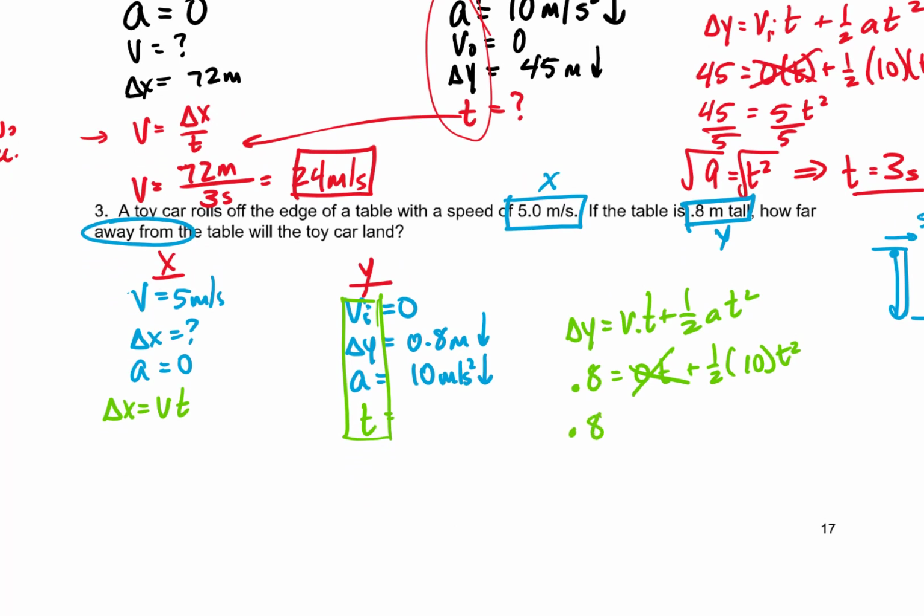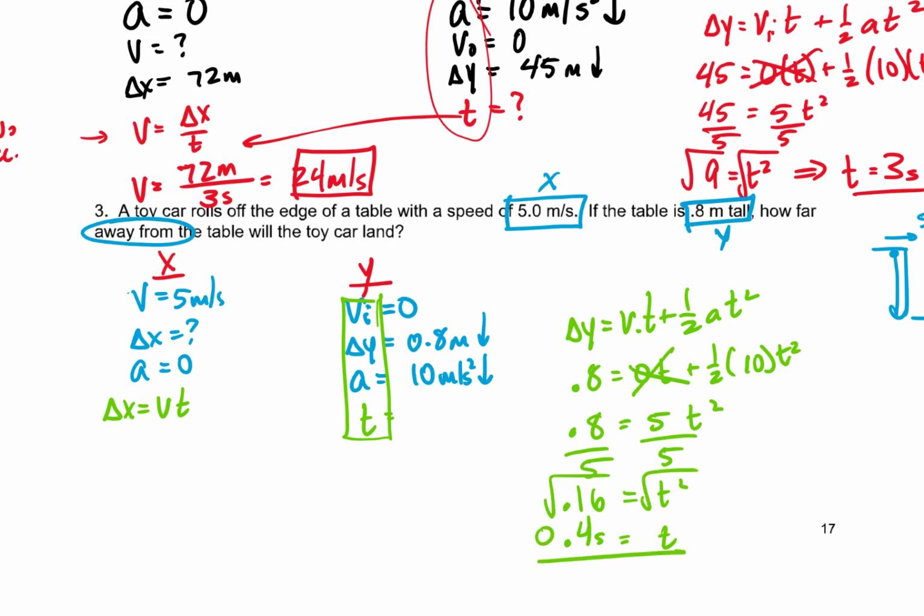And I get 0.8 is equal to 5t squared. We divide both sides by 5. So when we do that, we get 0.16 is equal to t squared. So my time comes out to be 0.4 seconds when you square root both sides.